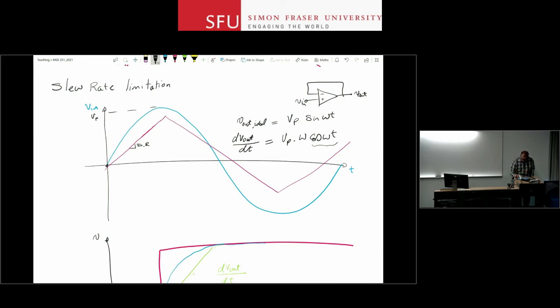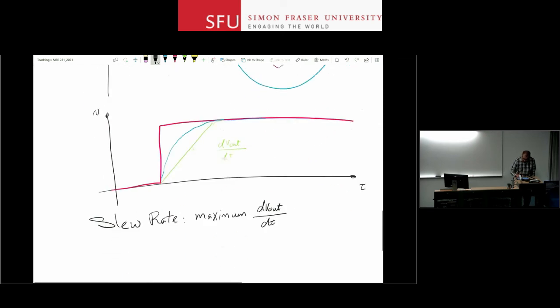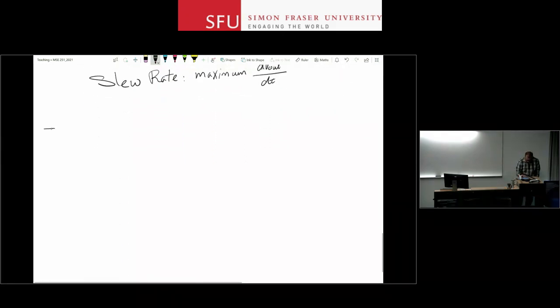And what is the maximum dVout over dt? So for a sine wave, the maximum slope, or fastest change, or maximum rate of change, is Vp, the amplitude of your signal, times omega.